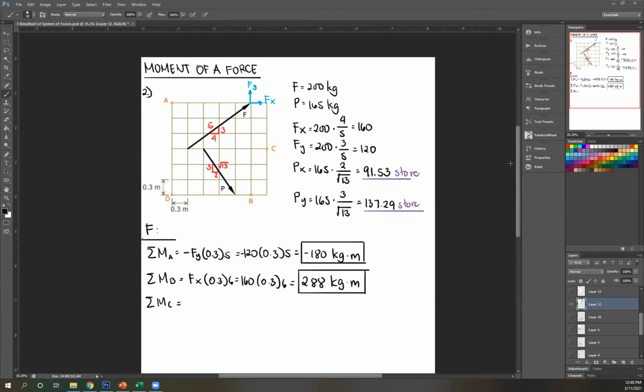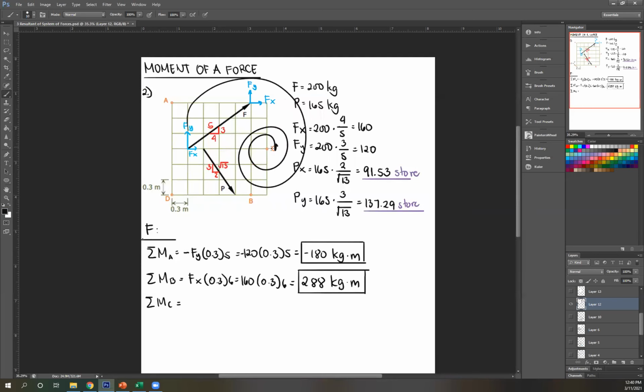So continuing, letter C. You can use this as well: Fx is this distance, Fy is this distance. Or again, you can make things easier. I'm going to put Fx and Fy here instead, because my Fx will pass through C. So Fx is passing through C, not going to consider that now.